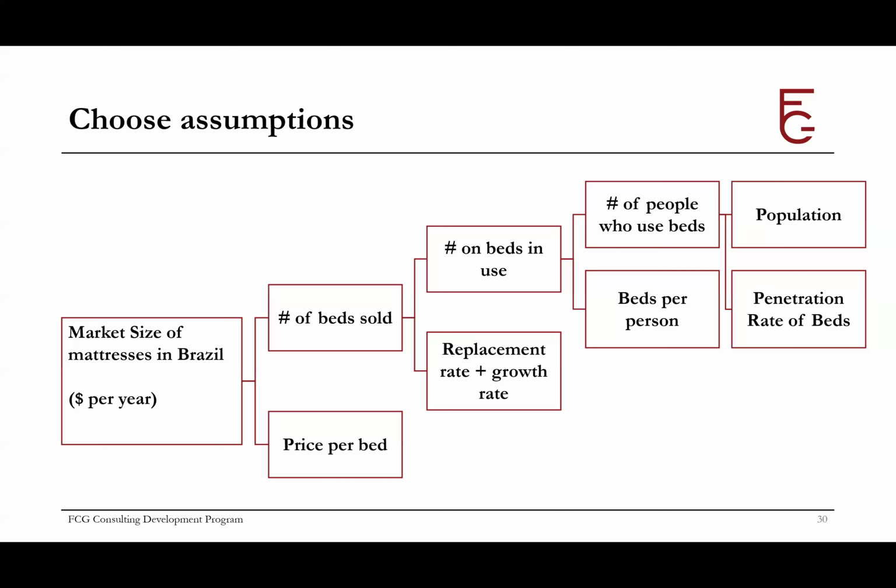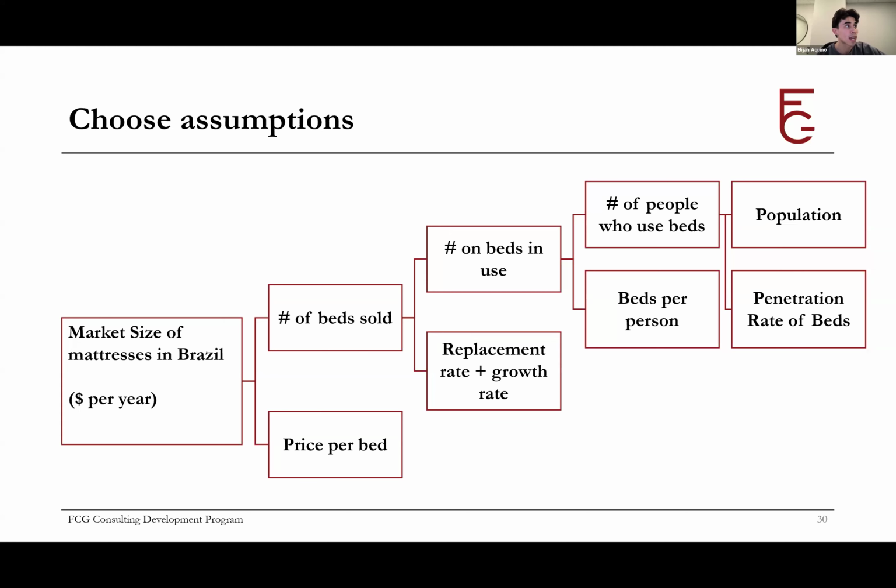I personally gave it 5%, because when you multiply it by the 200 million population, you get 10 million people who currently use beds. And then, assuming we gave beds per person 6 out of 10, it'll give us 7 million beds in use right now. But for the replacement rate plus growth rate, I haven't got too far from there yet.